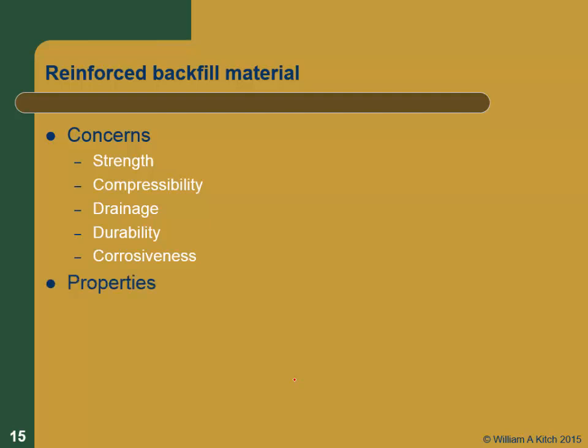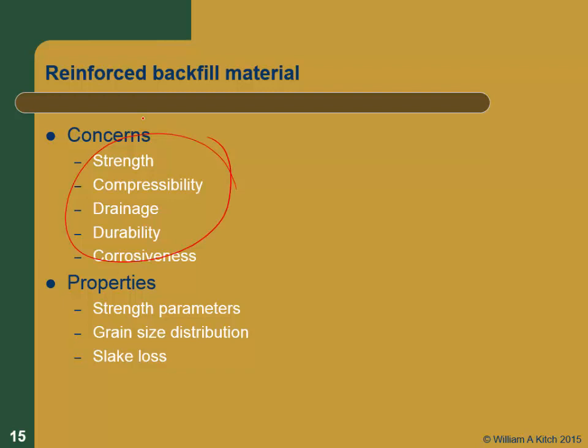So the properties that we're interested in are its strength parameters. We're interested in the grain size distribution because, if you recall from our estimates of the lateral bearing pullout capacity, that is a function of the grain size distribution. What else is a function of the grain size distribution that is going to be important to us? Besides strength, which is clearly a function of grain size distribution, what else is? Drainage.